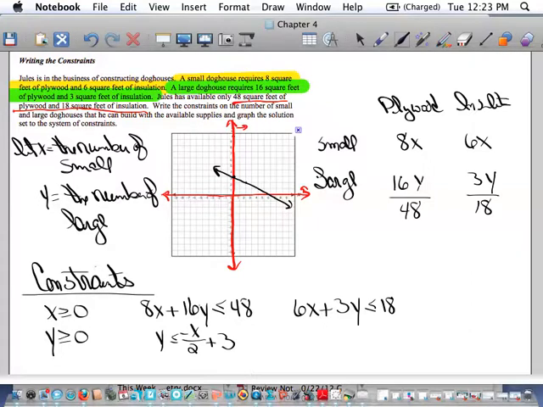So putting this in slope-intercept form, we get y is less than or equal to negative 2x plus 6. So go ahead and graph that. My y-intercept is at 6. My slope is negative 2. So I can go ahead and sketch in that line.